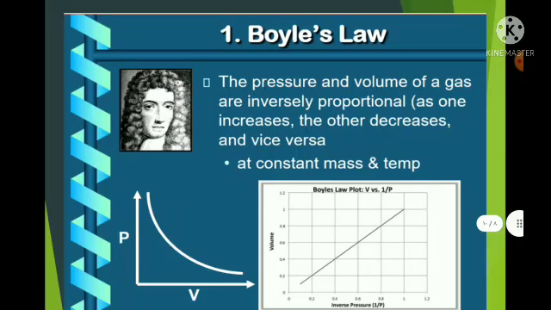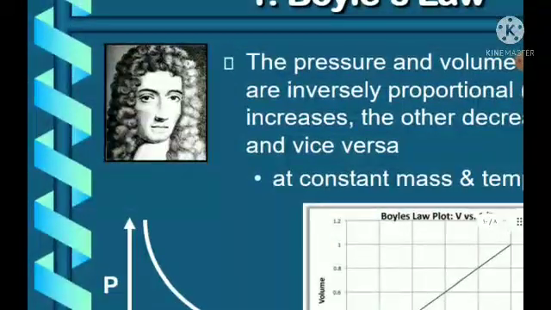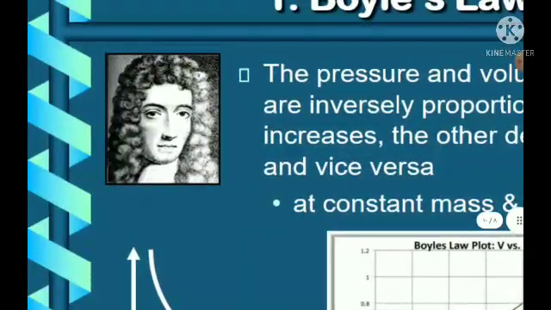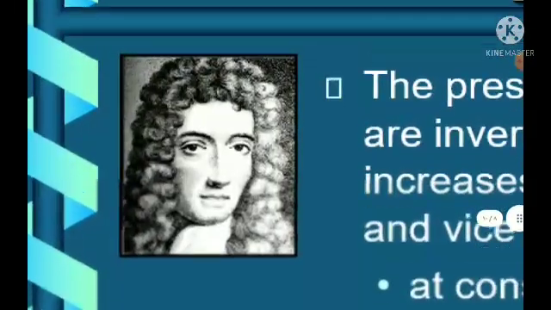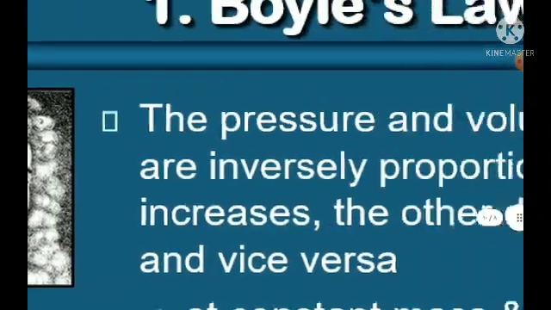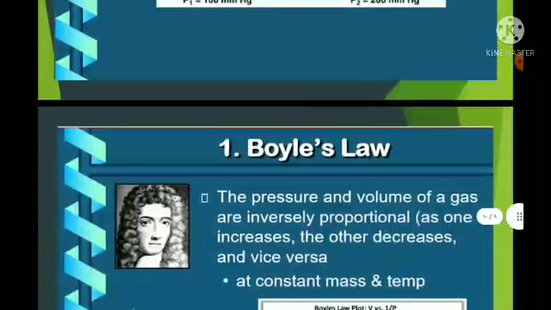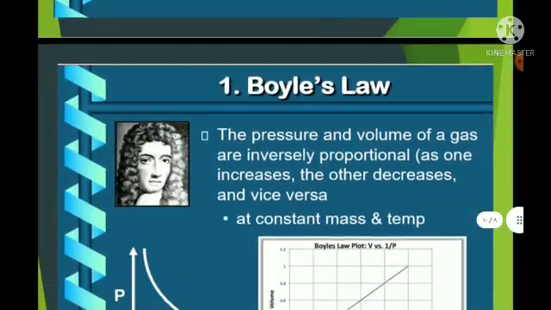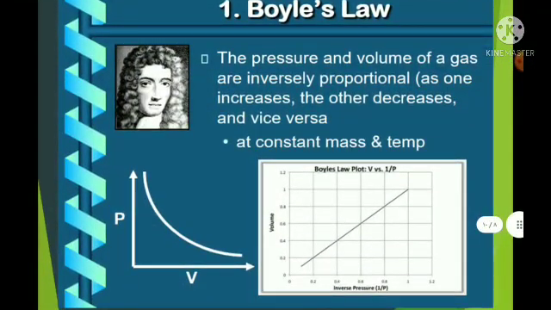Boyle's law. This is Robert Boyle, you can see him here. He found that the pressure and the volume of a gas are inversely proportional. As one increases, the other decreases, and vice versa, at constant mass and temperature.